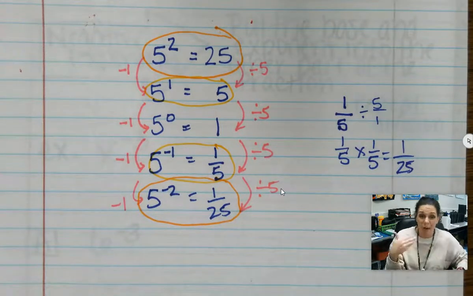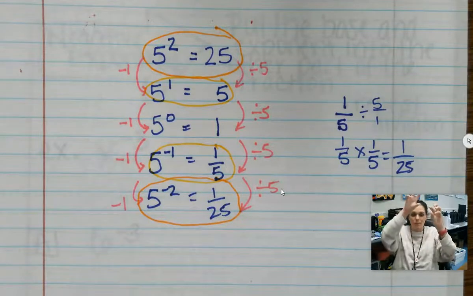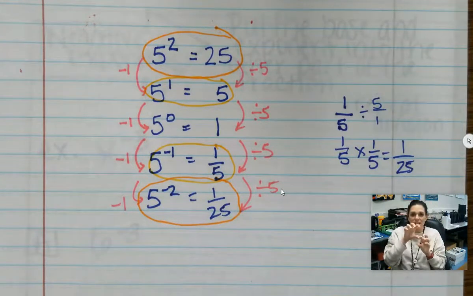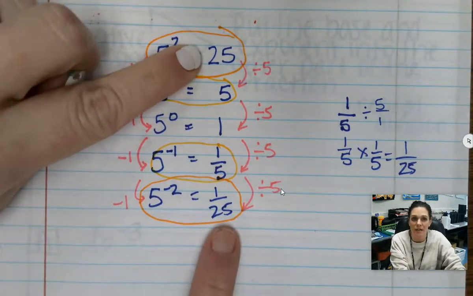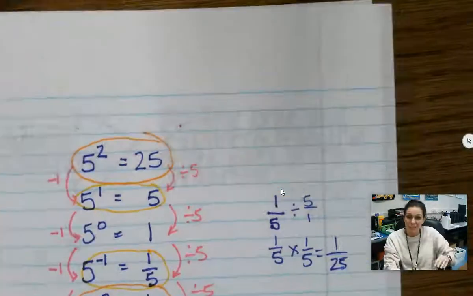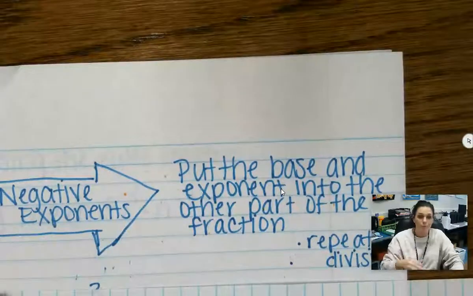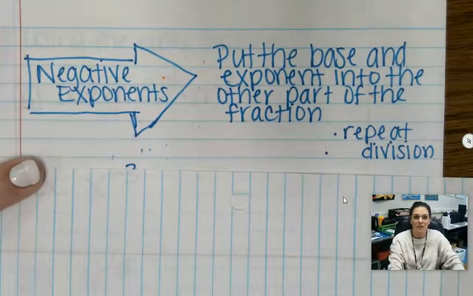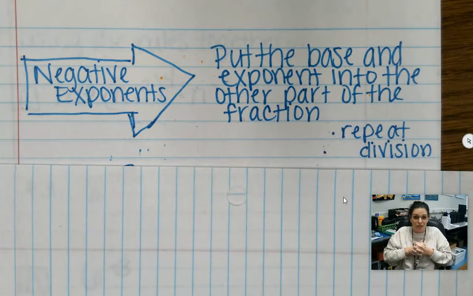So when we talk about negative exponents, we're talking about taking that base and that exponent and shifting it to the denominator, because that's in fact what happened. It went from the numerator to the denominator just by going from positive to negative. So here is technically our rule: with negative exponents, you put the base and the exponent into the other part of the fraction. You repeat division.